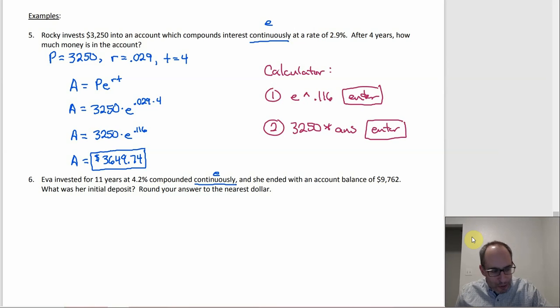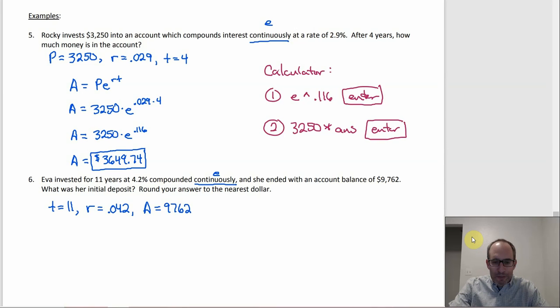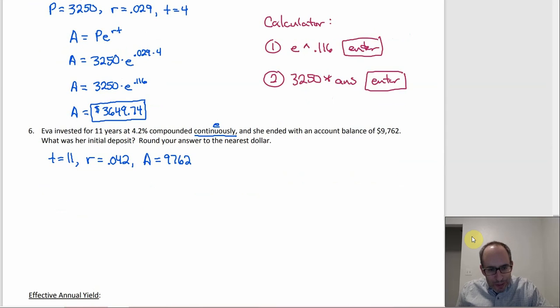All right, so let's see what we got here for Eva. We've got the elapsed time of 11 years, the interest rate of 0.042, and the accrued amount of $97.62. Well, we know what our formula is: A equals P times e to the rt.